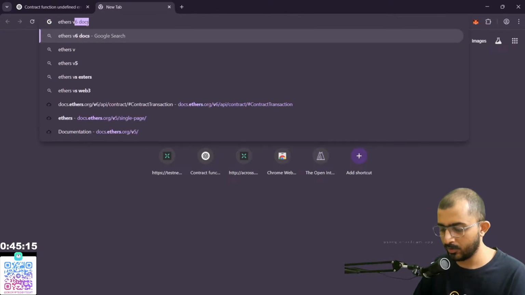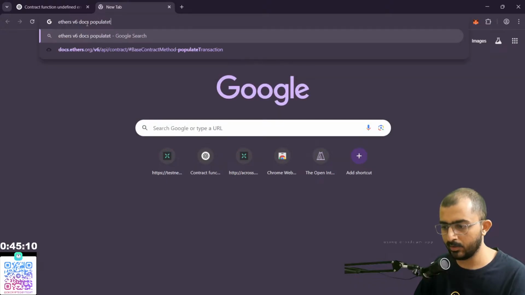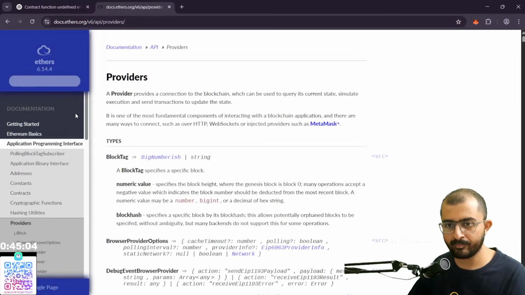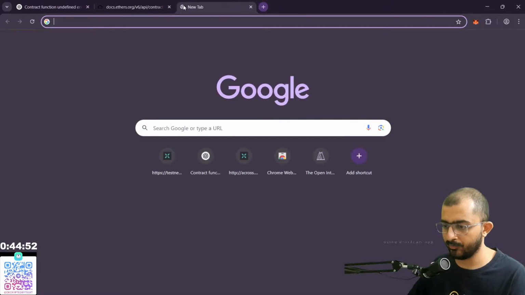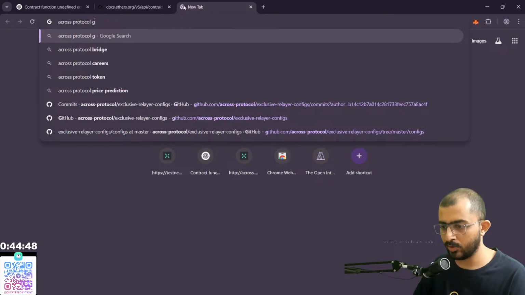Ethers v6 doc, populate transaction. It should be somewhere here. Populate transaction, Across Protocol GitHub.